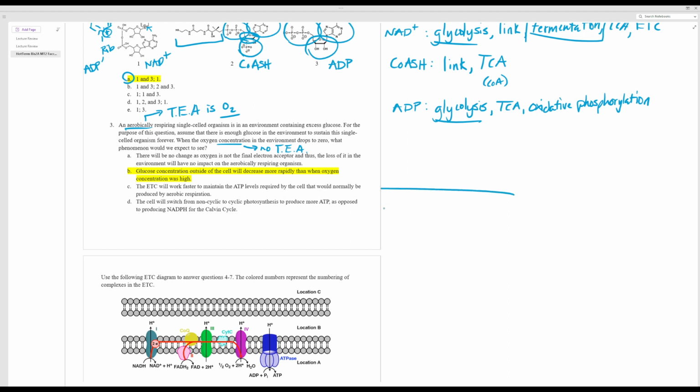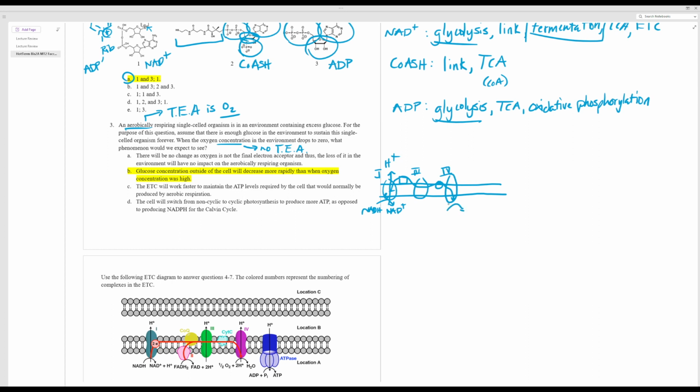Well, if we have our ETC, we have complex 1, coenzyme Q, complex 3, cytochrome C, and then complex 4, aka cytochrome C oxidase, NADH going to NAD plus, and then we have a bunch of redox reactions as the electrons are transferred through.